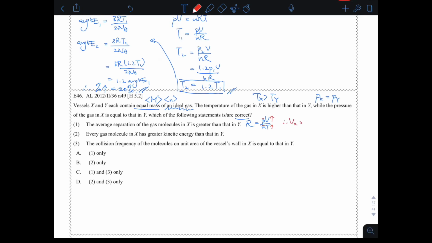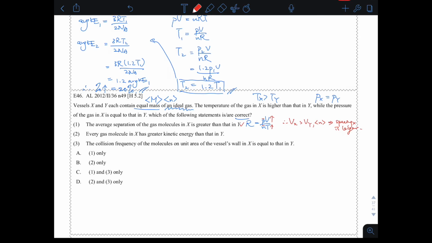That means Vx is in fact greater than Vy. And given that they have the same amount of molecules, this leads to the average separation of X being greater. This is correct. Spacing in X is larger. And this is correct.